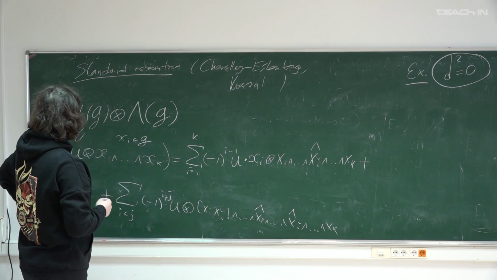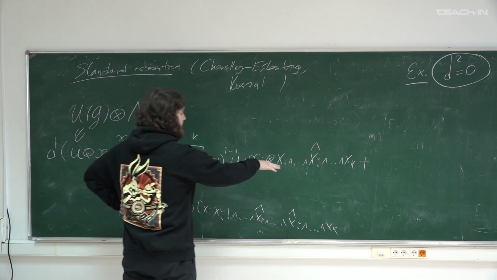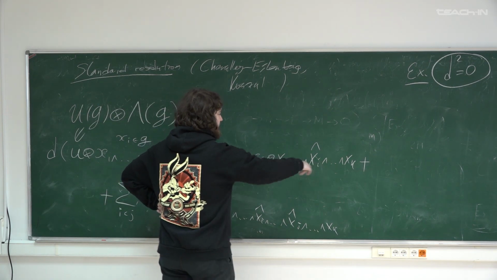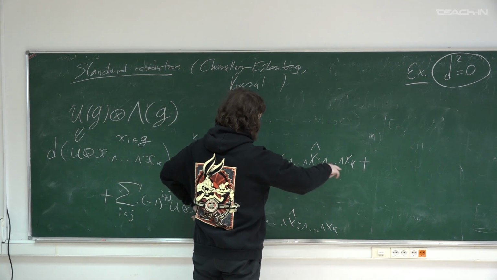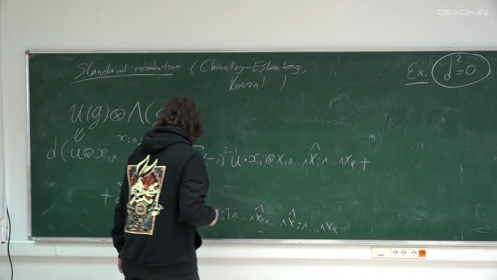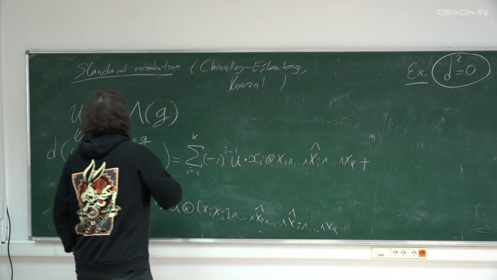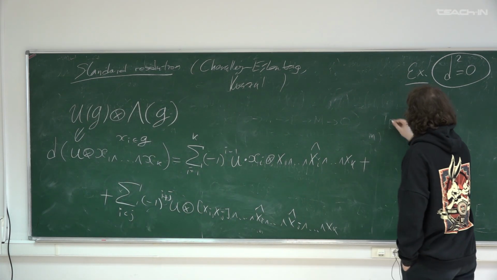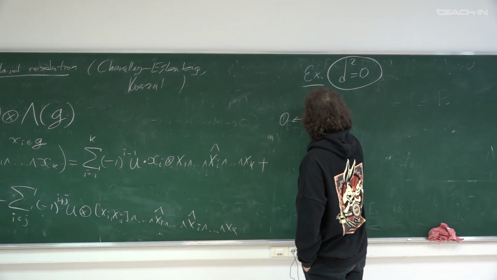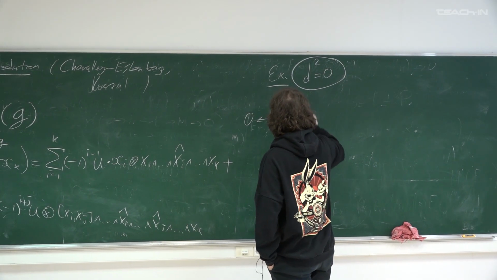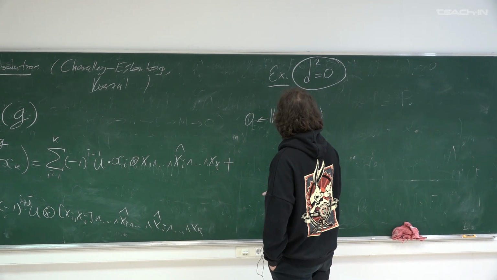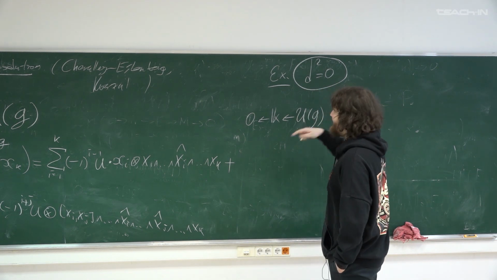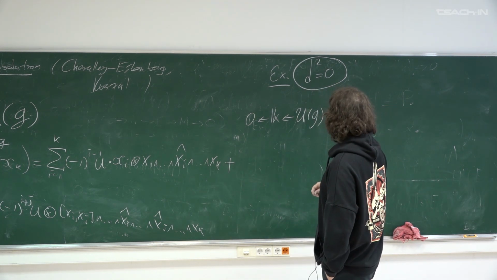And it decreases exterior degree by 1. If we consider the exterior algebra as a graded algebra, we obtain the following situation. We have K, and UG tensor K, which is the 0 part of the exterior algebra.